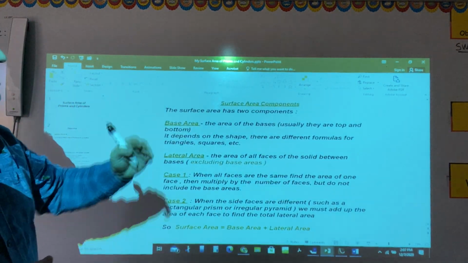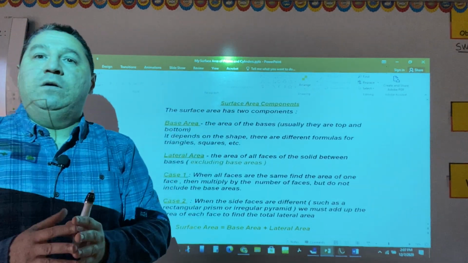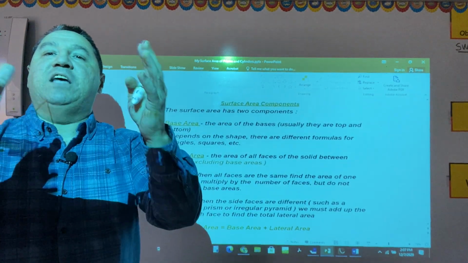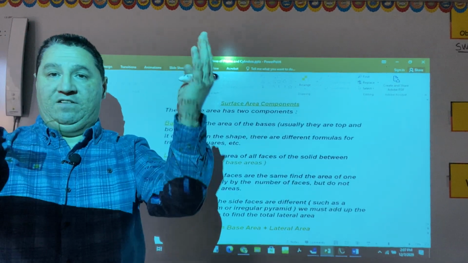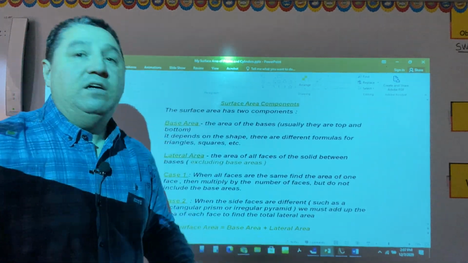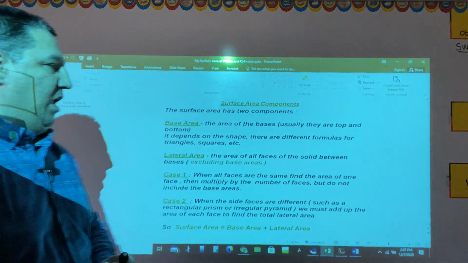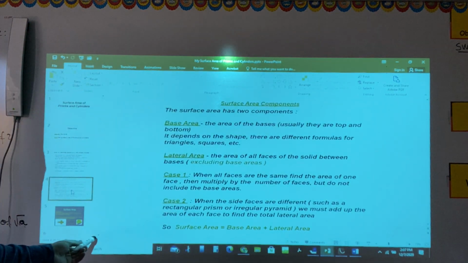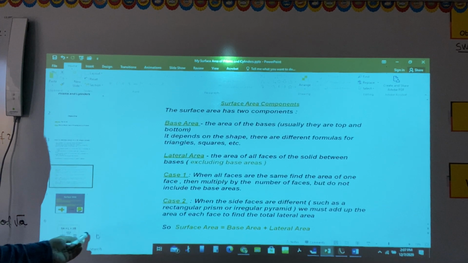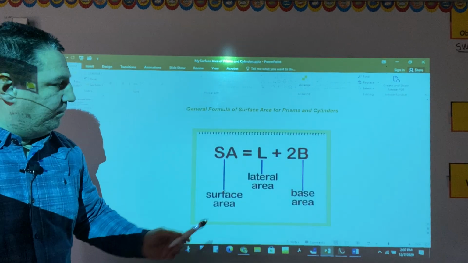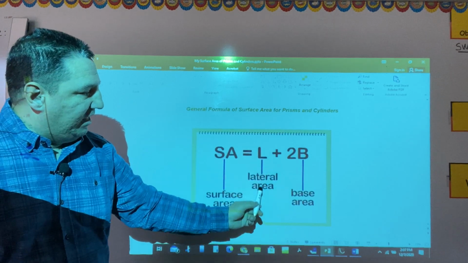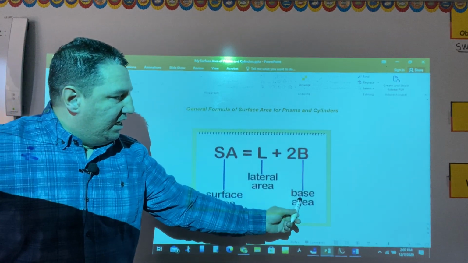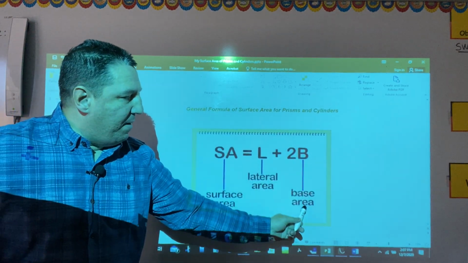So, surface area is the sum of the area of the bases and the lateral area. So we have a formula for surface area. Surface area would be the lateral area plus 2 times the base area.